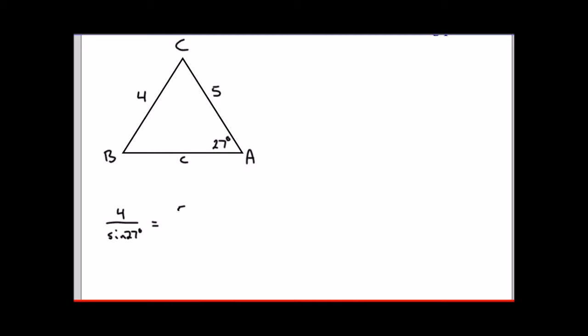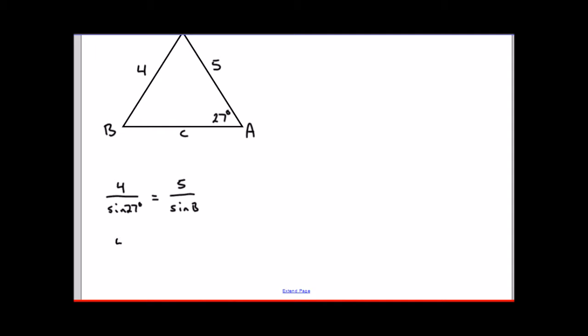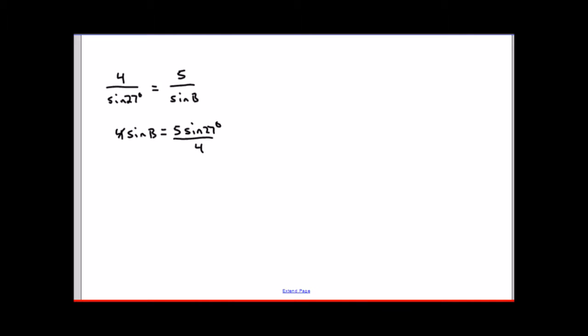That should equal 5 over the sine of B. So like in that last problem, if I cross multiply, I get 4 times the sine of B equals 5 times the sine of 27 degrees. Then I'm going to divide by 4. So then angle B is going to be the inverse sine, or the arc sine, of 5 times the sine of 27 degrees divided by 4.